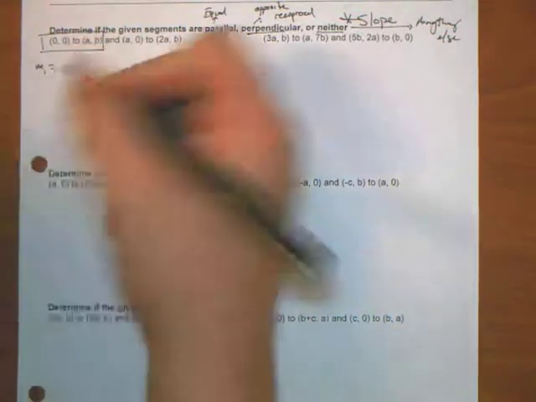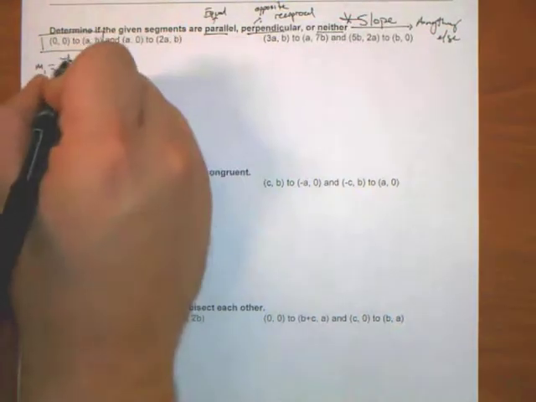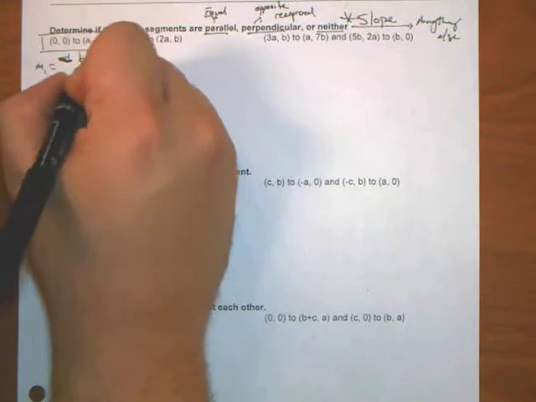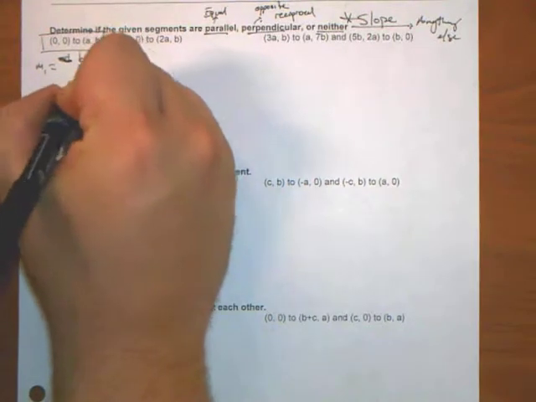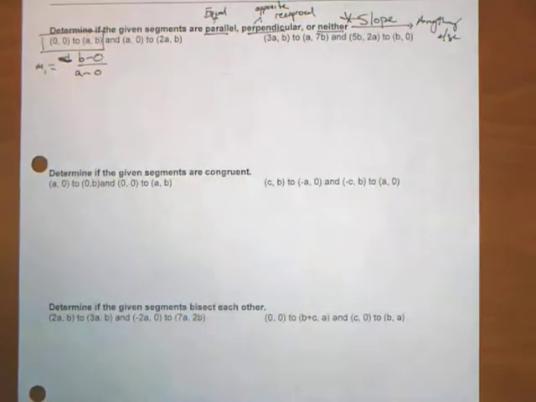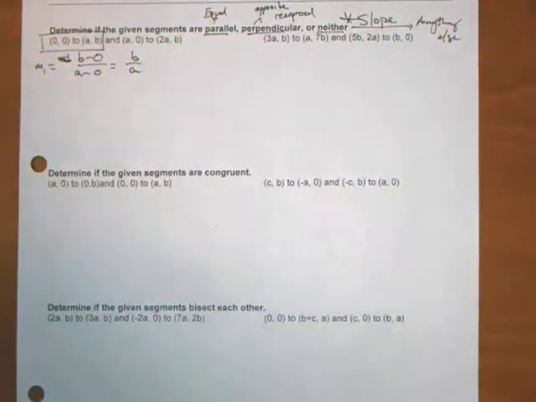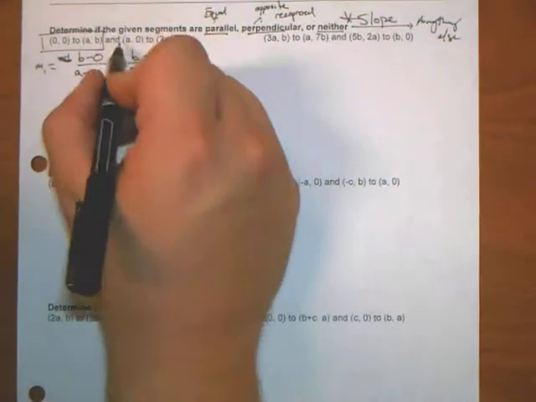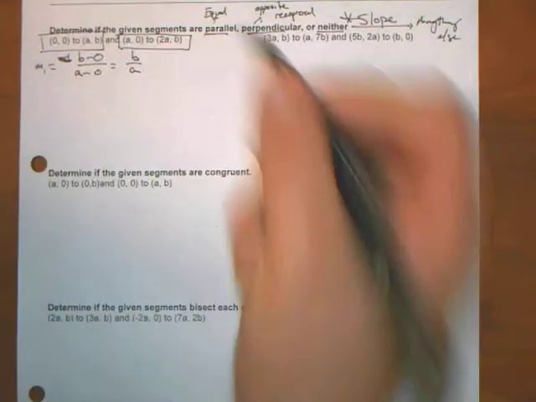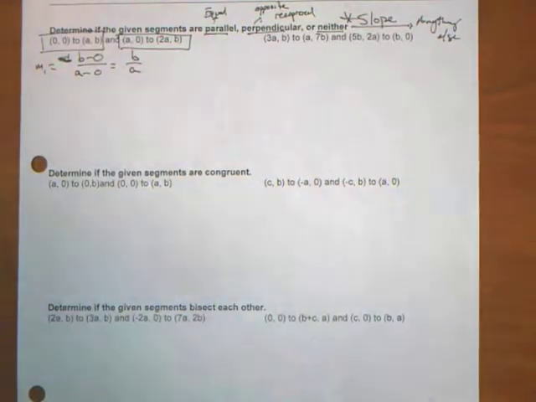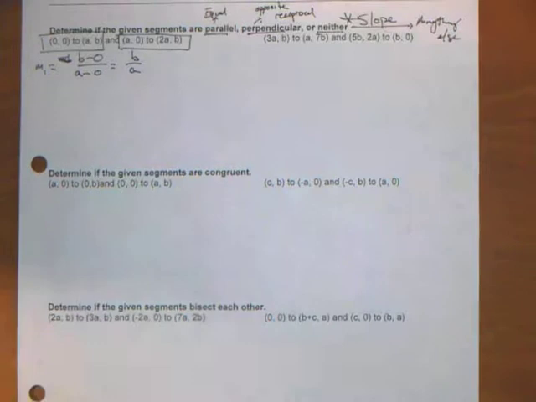The first slope is y2 minus y1 over x2 minus x1, and I simplify that to be b over a. Great. This doesn't really mean anything until I've compared it to the second one. With any luck, they'll either be the same, be opposite reciprocals, or none of the above.